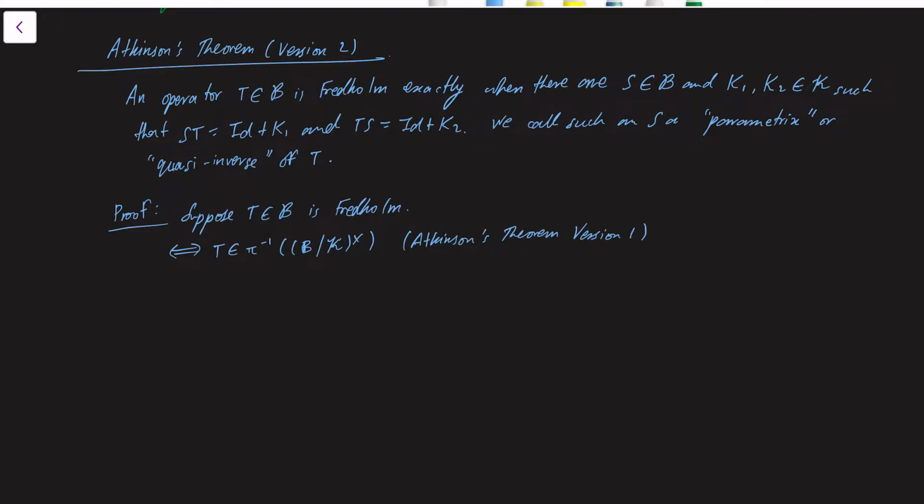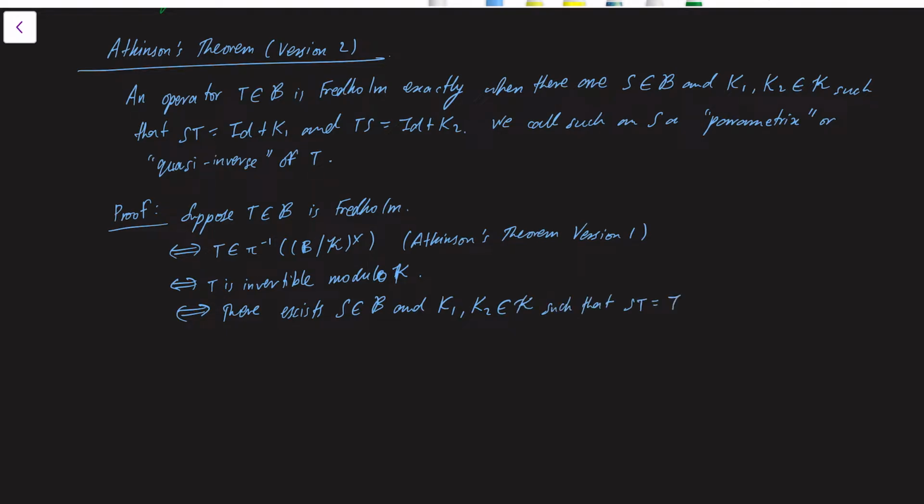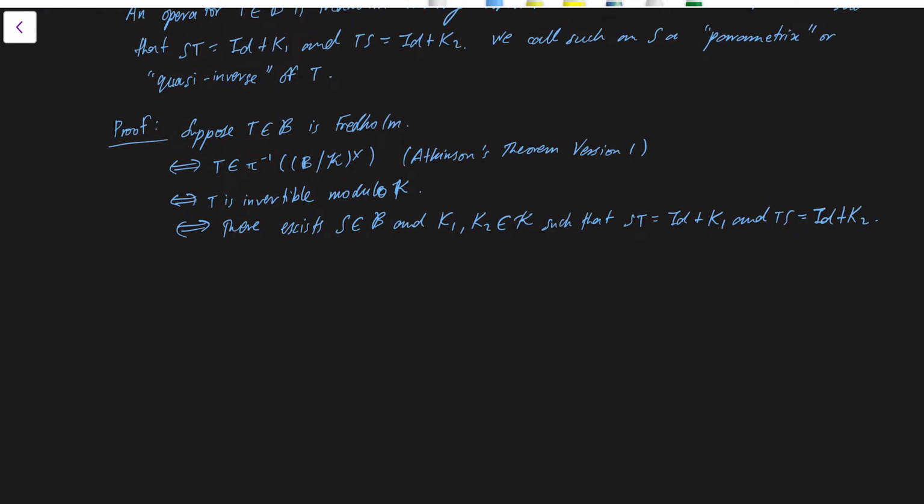Now, T is invertible modulo K, and this is true if and only if there exists an S in B and K1 and K2 in K such that ST equals the identity plus K1 and TS equals the identity plus K2. This is by definition of invertibility modulo K, modulo the space of compact operators.